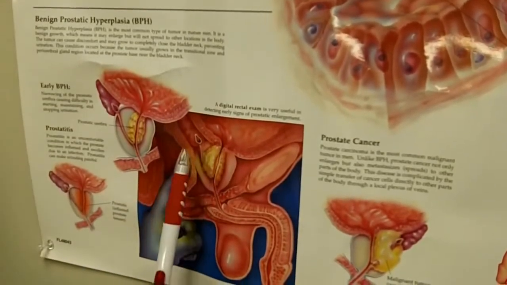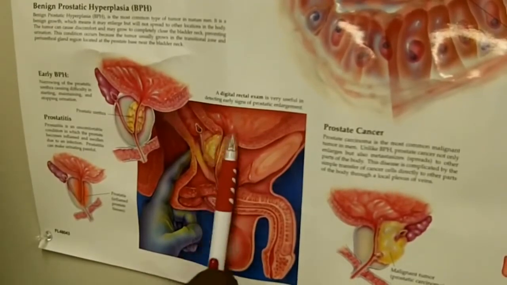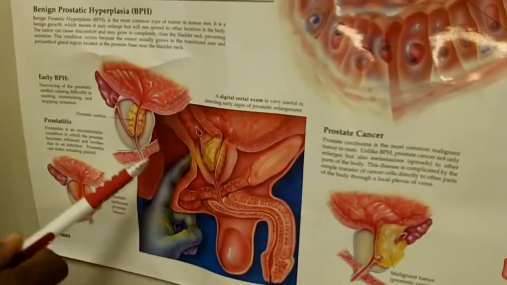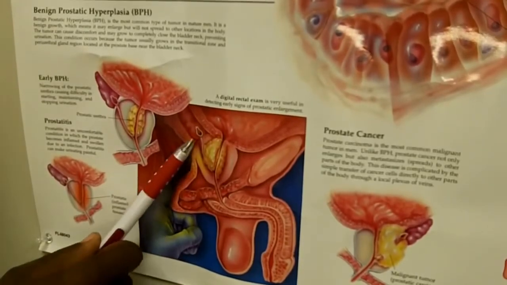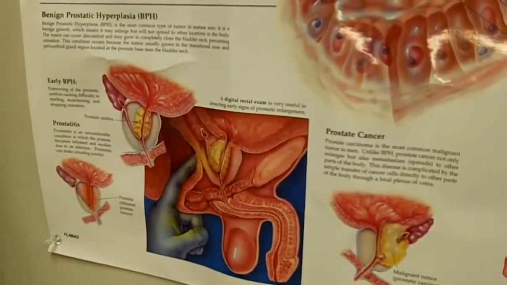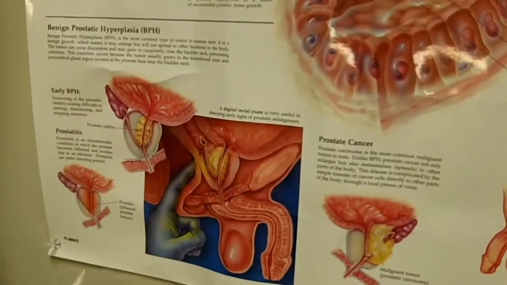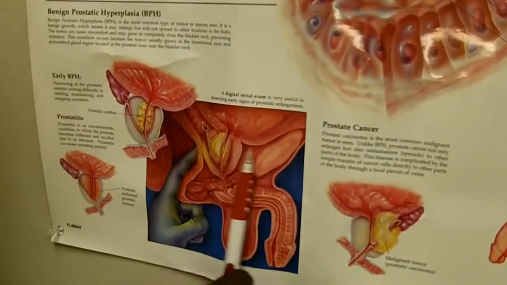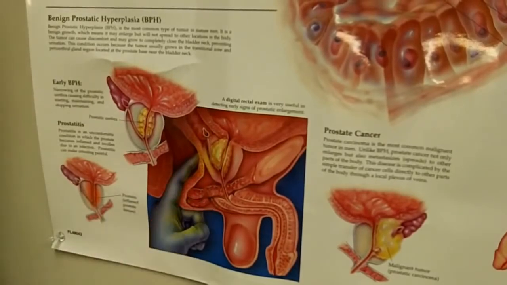Now notice your relations. Here's the pelvic bone in the front, here's the prostate, here's the rectum in the back, and here we have the examining gloved finger in the rectum, and it's examining the posterior or the back portion of the prostate. Interestingly, the only part of the prostate that we are able to examine when we do this examination, because of its location, is the posterior portion.